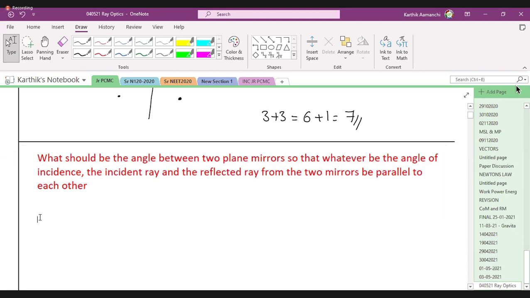What should be the angle between two plane mirrors such that, whatever be the angle of incidence, the incident ray and the reflected ray from the two mirrors are parallel to each other?